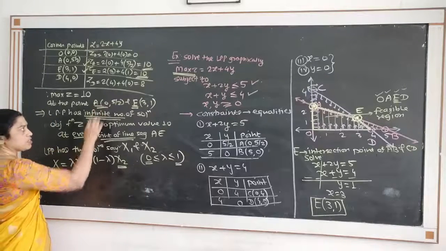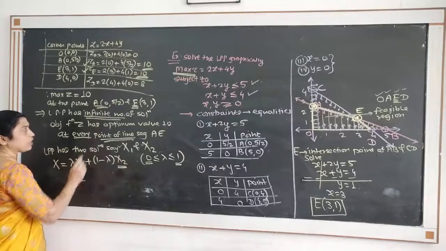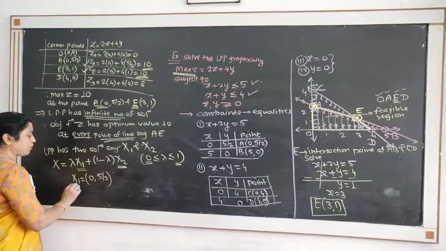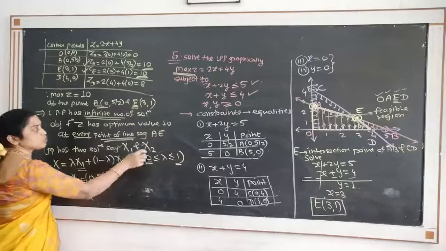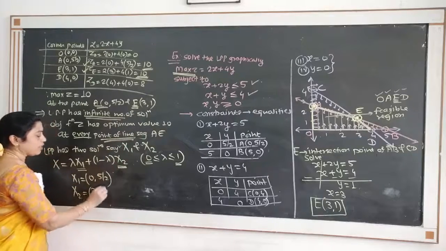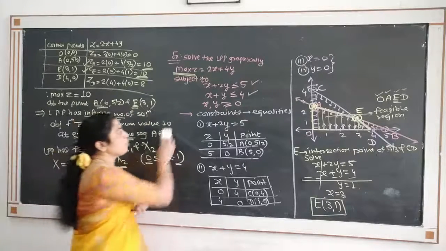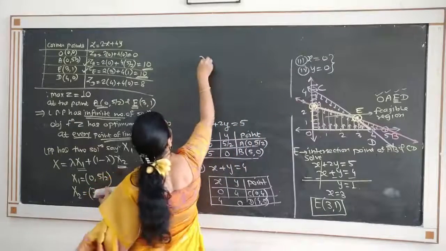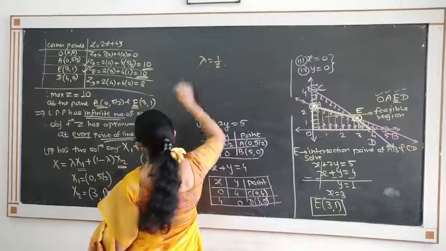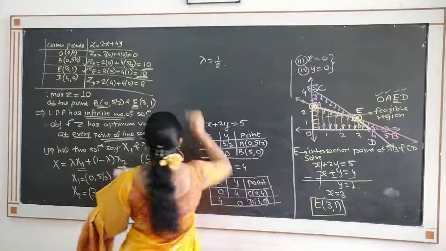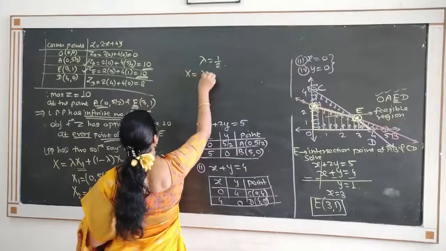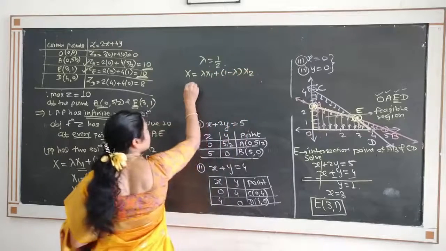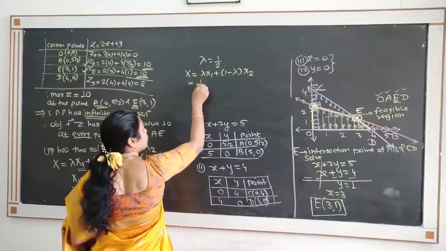For example, our value of x1, that is the first solution, is (0, 5/2) at A point, and our value of x2, that is the second solution at E point, is (3, 1). If I want more solutions, I will take lambda equal to, suppose, 1/2, a value between 0 and 1, and use the formula x is equal to lambda x1 plus (1 minus lambda) times x2. So we will get lambda is equal to 1/2.